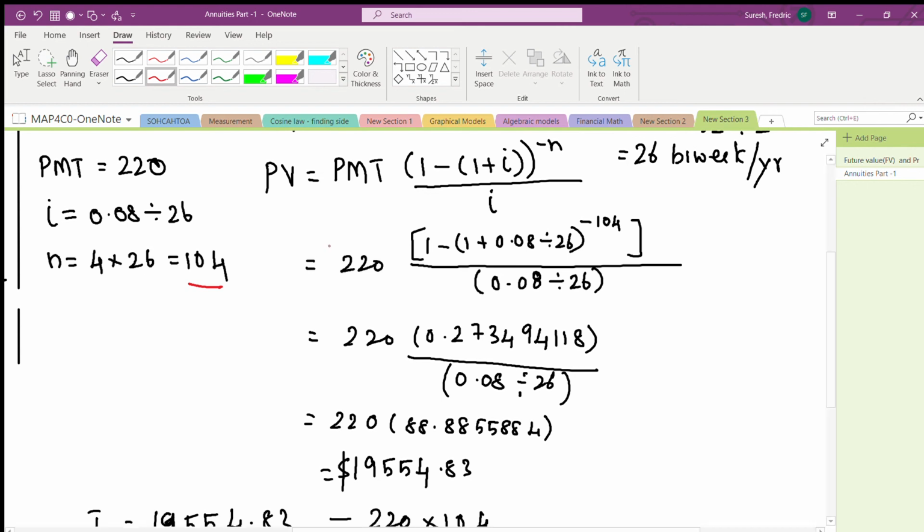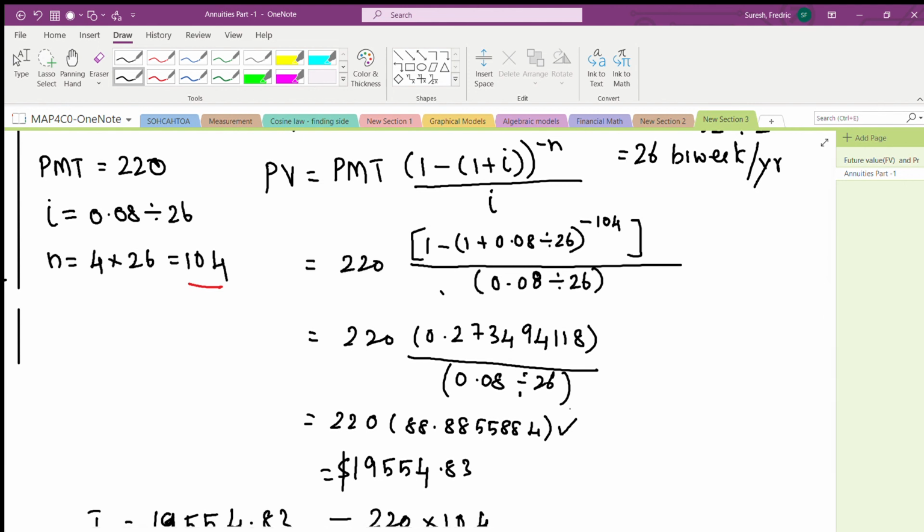Okay, I spotted my mistake. This is a good instruction for you guys to watch out for in the calculations because you have to divide the interest rate biweekly. That's again 26. Okay, so that seems fine there. So let's see. So this number, yeah, okay, my calculations are right till this point, and times 220.